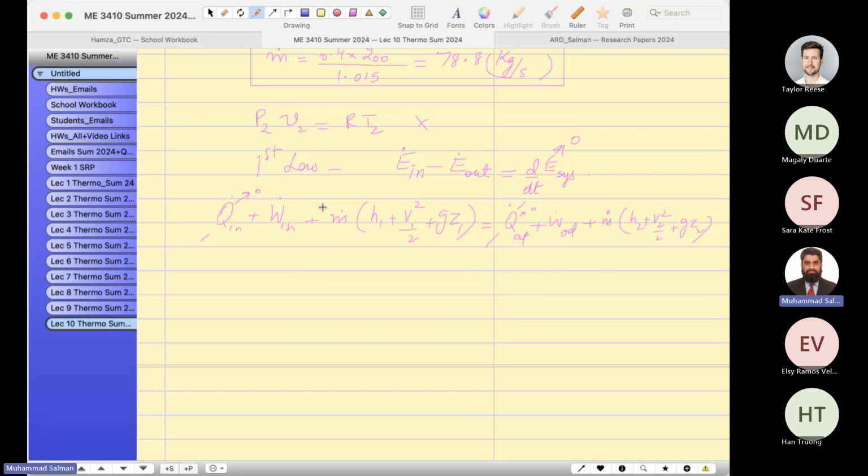Heats are 0. There is no work being done in or on the system.